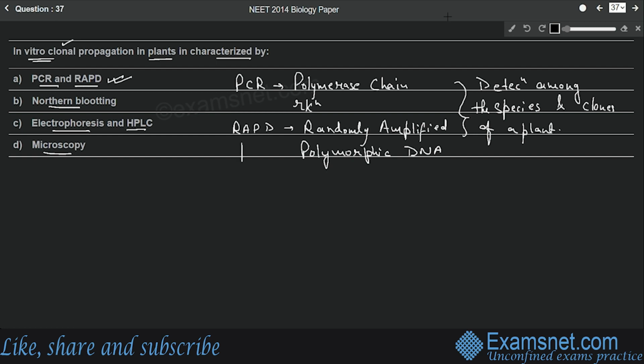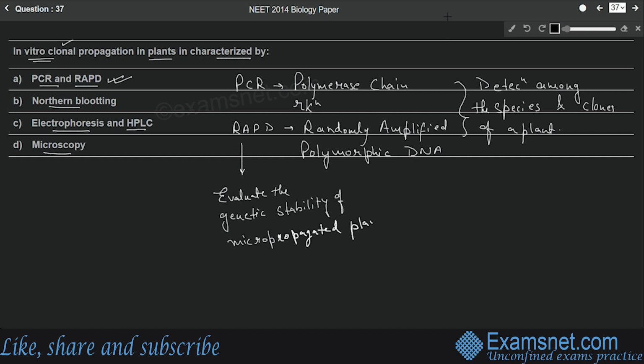In addition, this RAPD is also used to evaluate the genetic stability of the micropropagated plants. So the correct option will be option number A.